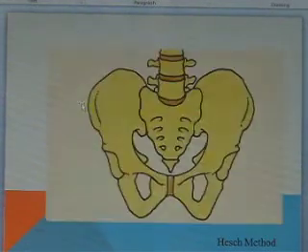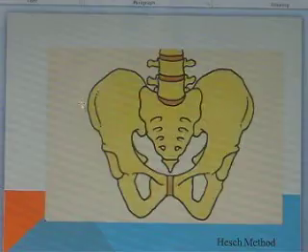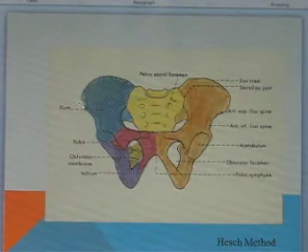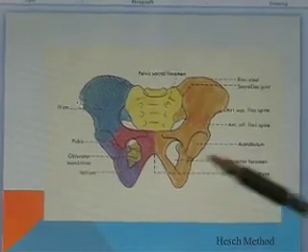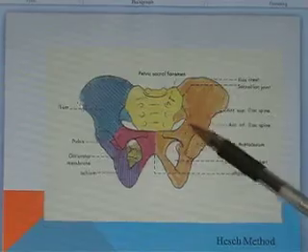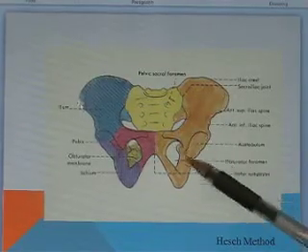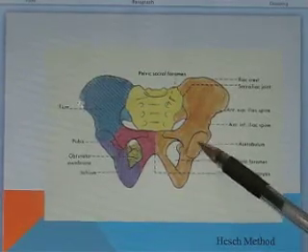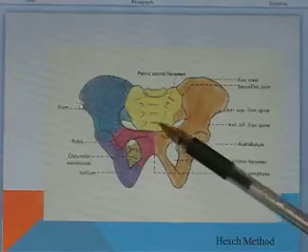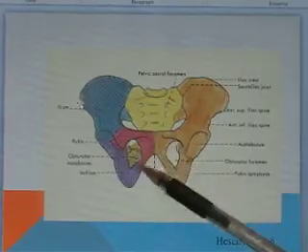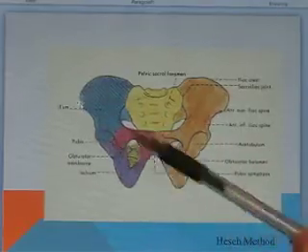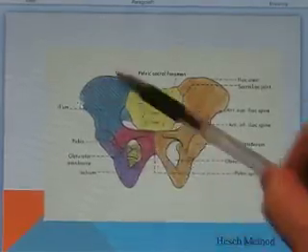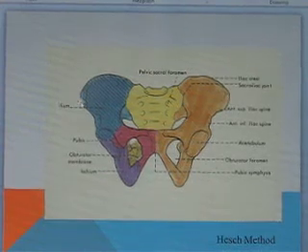Here is a look at the body in the frontal plane, and of course the whole pelvis, looking at it from an anterior view in the frontal plane, and of course the left hemipelvis here. The acetabulum that houses the femoral head, the true hip joint, is right here. This is the pubic bone here, and then in purple is the ischium, and then this is the ilium, and collectively some people call that the hemipelvis.